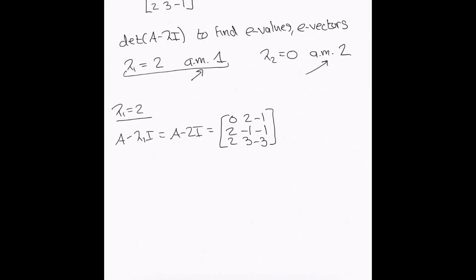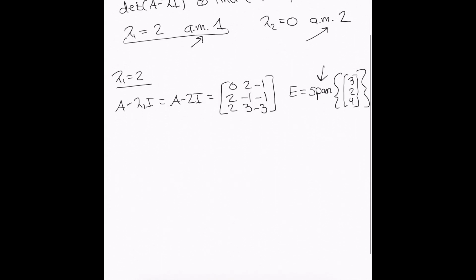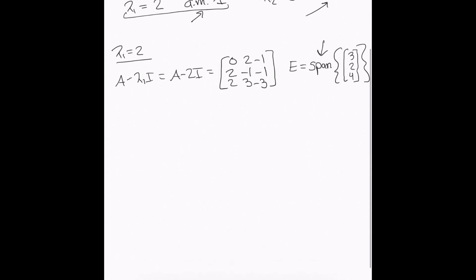So the algebra here is a bit tricky again, but I'll just tell you that your eigenvectors are going to live in the span of the vector (3, 2, 4). So even though this is the correct notation for writing the space of eigenvectors, you've never really seen me write it out like this before. But we're going to consider the span of all of these for a very particular reason soon. So all of our eigenvectors look like (3, 2, 4) times some constant.